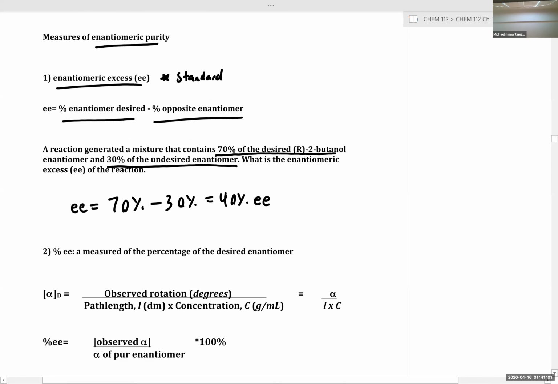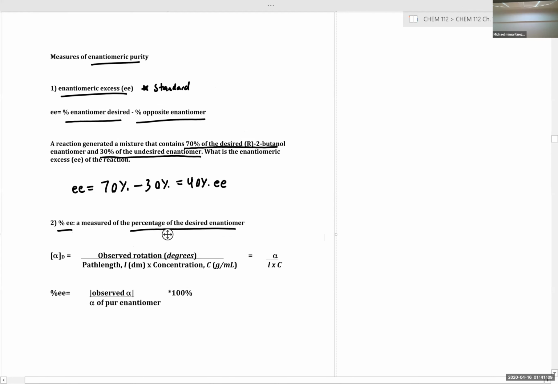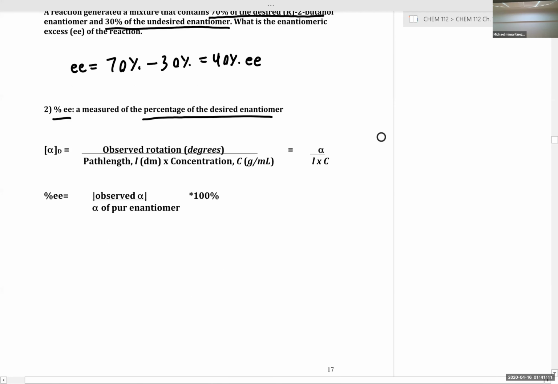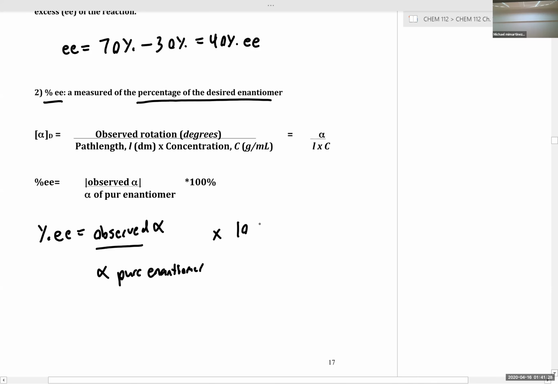The other measure is known as percent EE, which is a measure of the percentage of the desired enantiomer. Percent EE is measured using optical rotation. Percent EE is the observed optical rotation over the optical rotation of the pure enantiomer, times 100%.